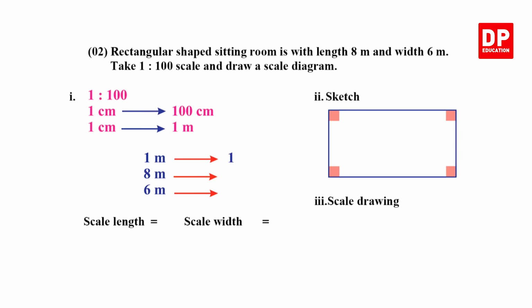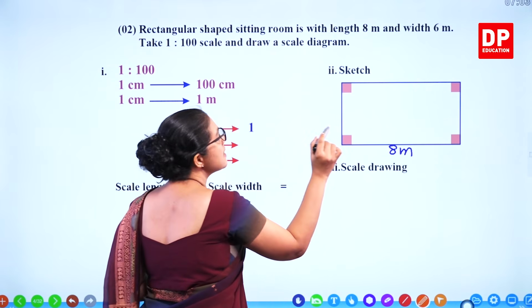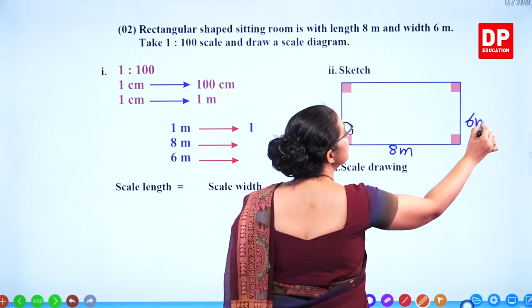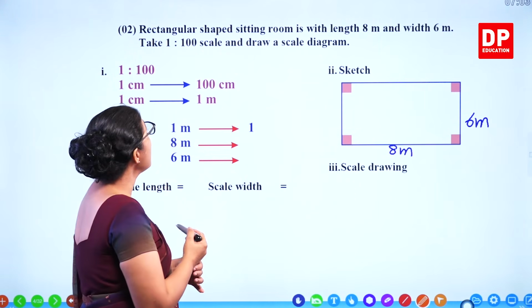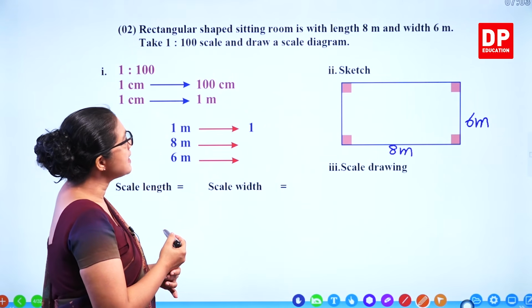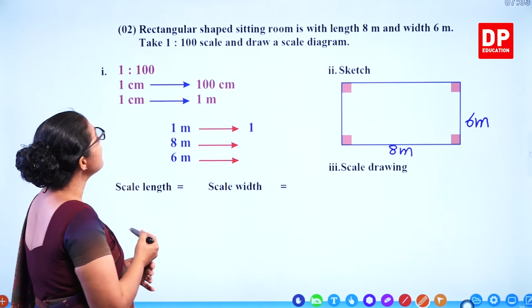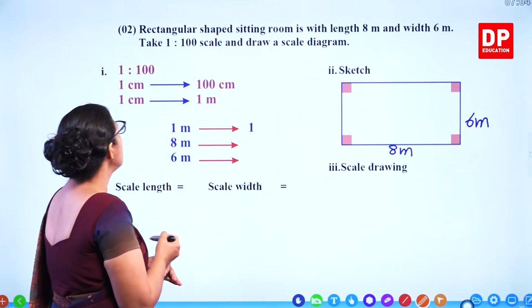Look at this question. A rectangular shaped sitting room is with length 8 meters and width 6 meters. They have given the scale. Take 1 to 100 scale and draw a scale diagram. So 1 to 100 means 1 centimeter represents 100 centimeters.